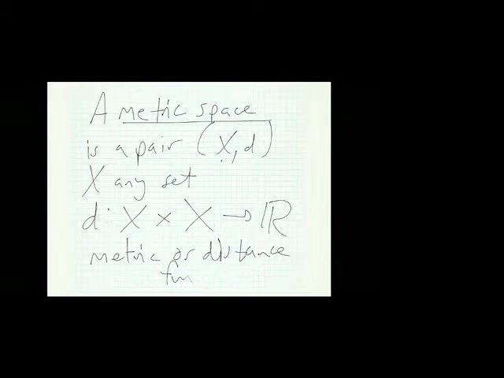So a metric space is supposed to be a set where you have the notion of the distance between 2 points. So d(P, Q) is what we call the distance from P to Q.